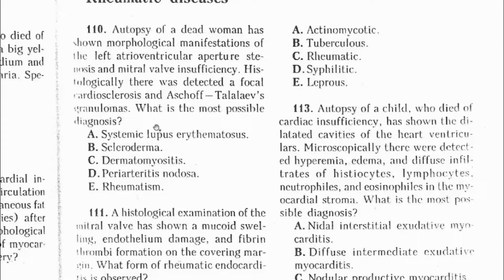Now, rheumatism or rheumatic fever, just briefly, are groups of collagen or systemic connective tissue diseases, which include rheumatic fever, rheumatoid arthritis, systemic lupus erythematosus, scleroderma, dermatomyositis, and so on and so forth.